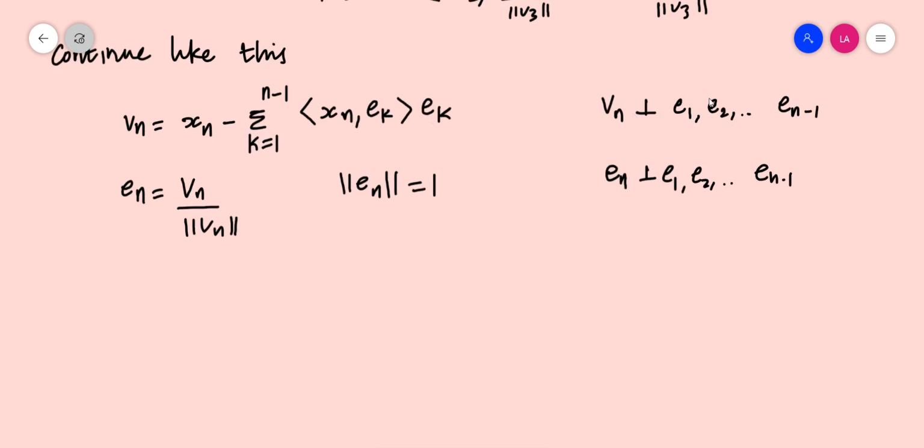I think I'll give this in general expression: Vn is orthogonal to some Ej. I will prove that.